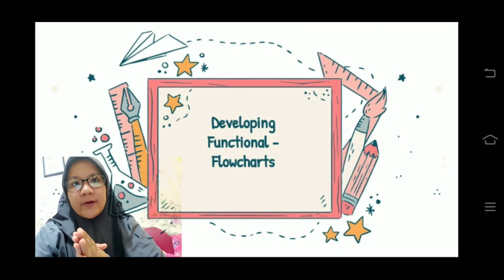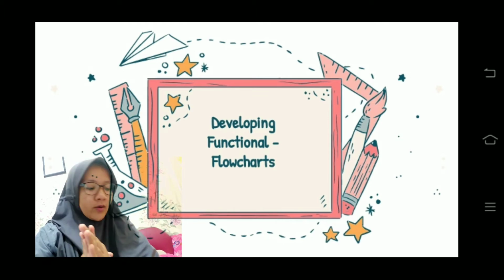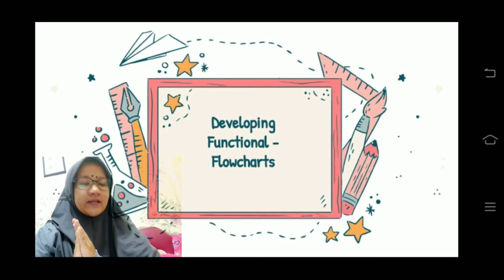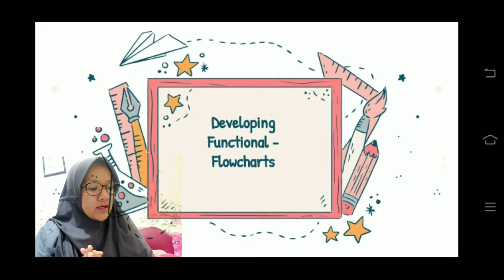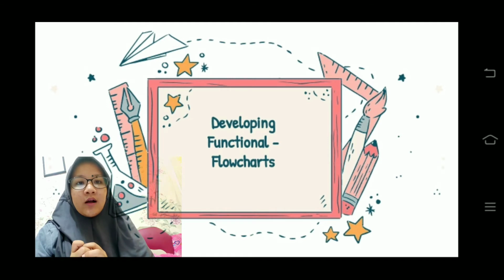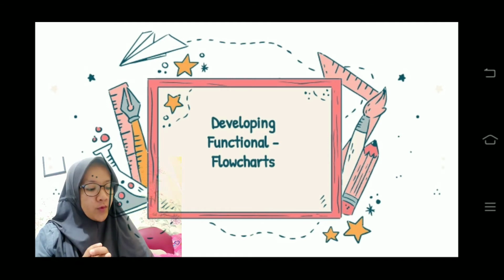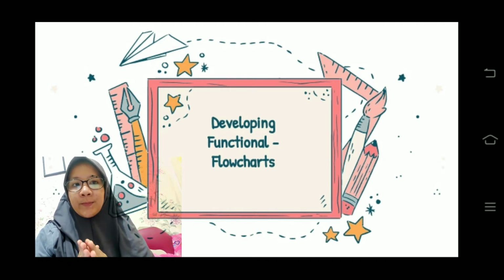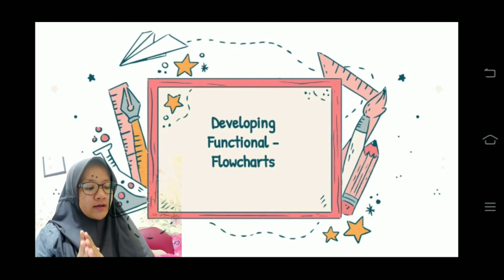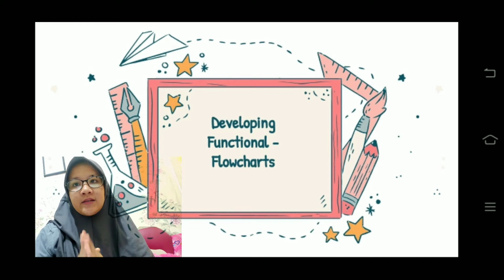And then the next part is developing a functional flowchart. Do you know what a flowchart is? A flowchart describes events and decisions in a program in algorithmic form. All of the events are present and there is no ambiguity as to what happens in each event.